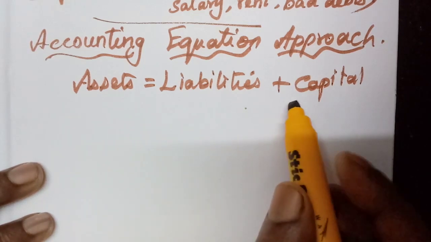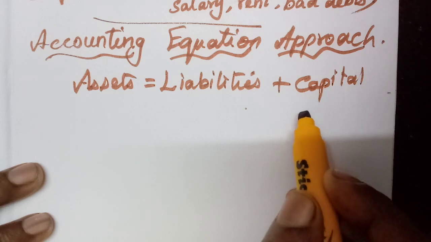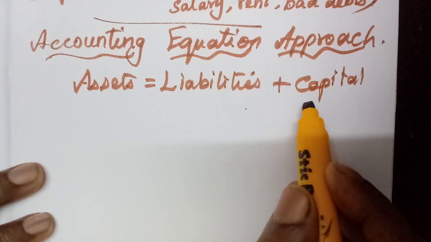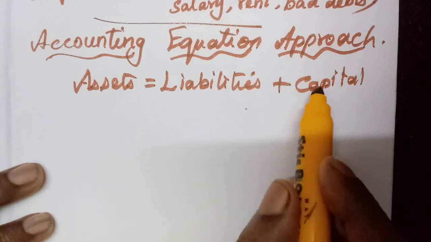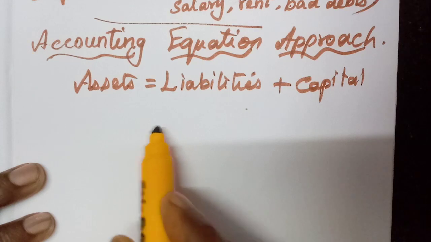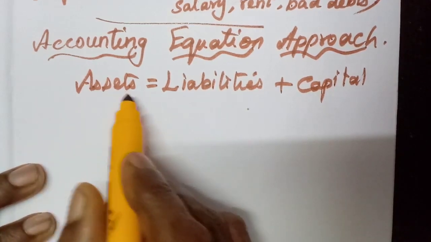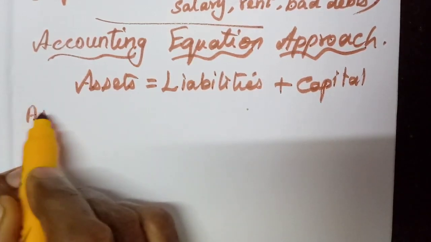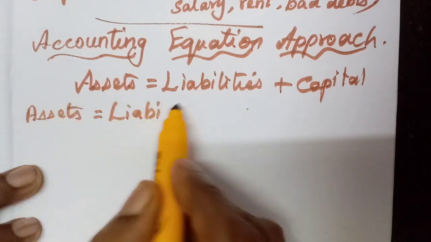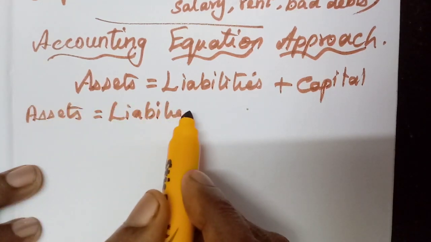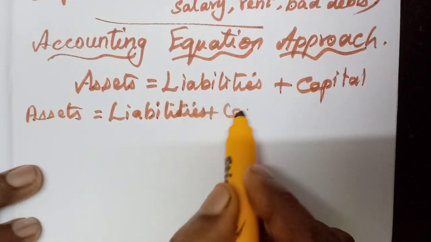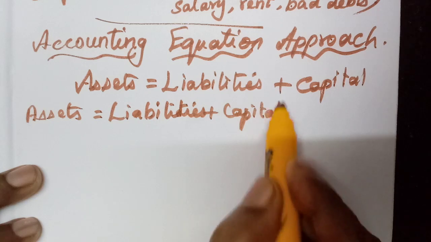If any expenses or loss are incurred, or any revenue we gain, if it is revenue it will increase the capital, and if it is a loss, it will reduce the capital. So we can derive this equation in another form having 5 accounts: assets equal to liabilities plus capital, then plus revenue.